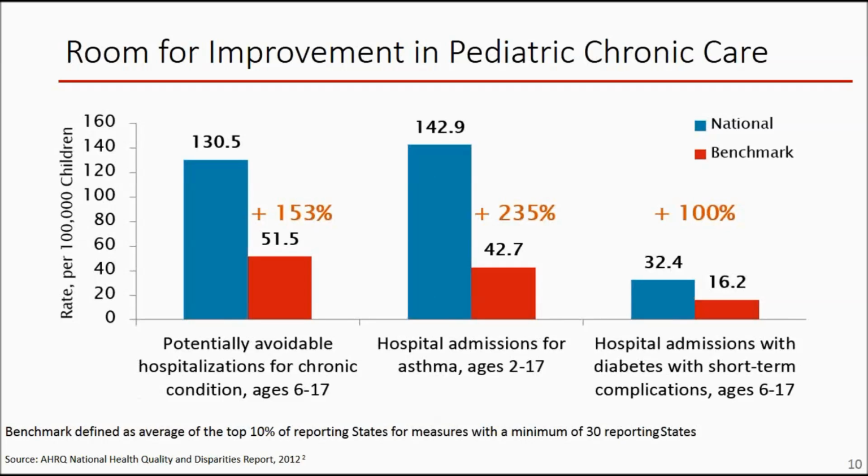The benchmark is shown in red. That's calculated off of the top 10% of reporting states for each measure. And then the national rate is in blue. You can see this is 150 to 230% nationally over benchmark. So there is some room for improvement here in pediatric chronic care management.